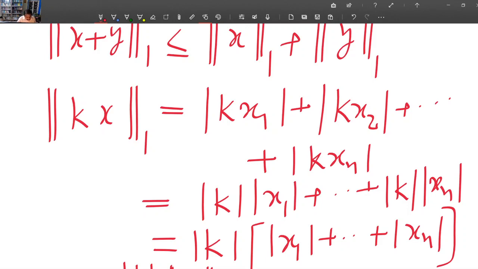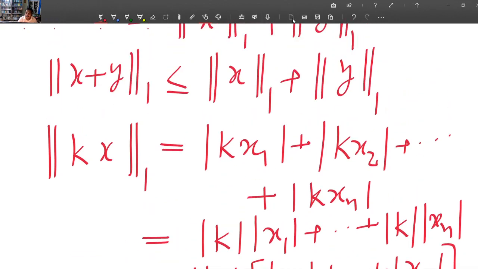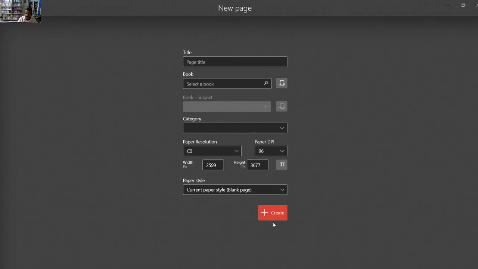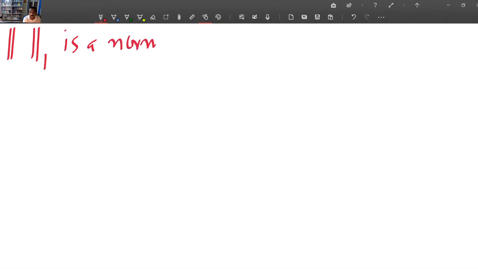Now we are going to do the same for p greater than 1. So we consider a new page. You have seen from the previous session that 1 norm is a norm on Kn. So that is the case when p equal to 1.